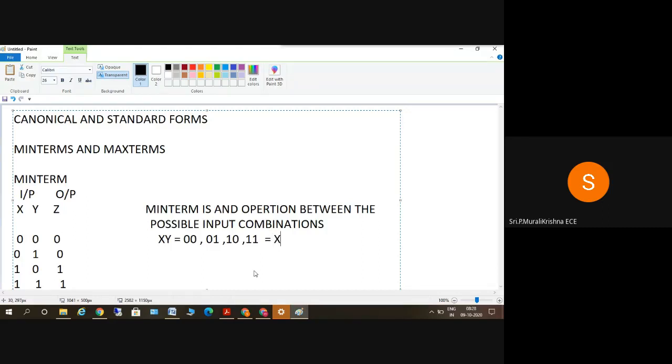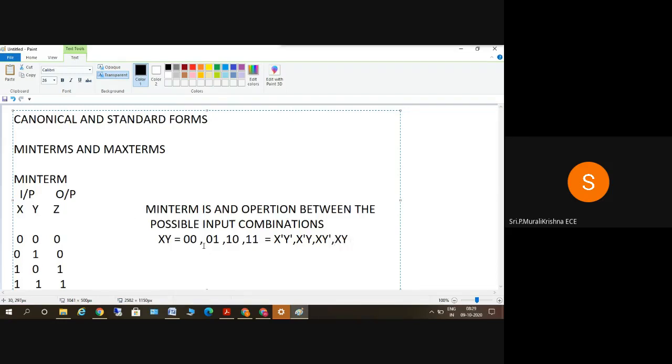So in this case, x bar y bar is 0 0, x bar y is 0 1, x y bar is 1 0, and x y is 1 1.